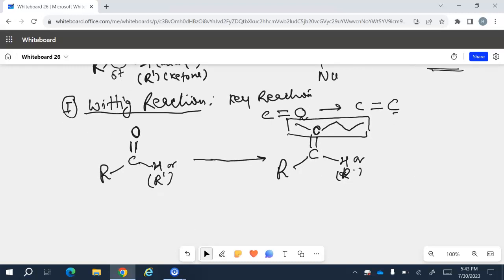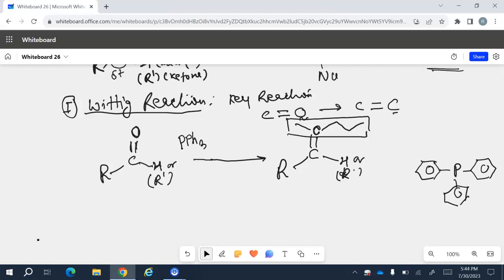For the phosphorus ylide, you need to remember that it will have triphenyl phosphine, PPh3. By the way, in this PPh3 the phosphorus will have three benzene rings attached to it. That is called triphenyl phosphine.